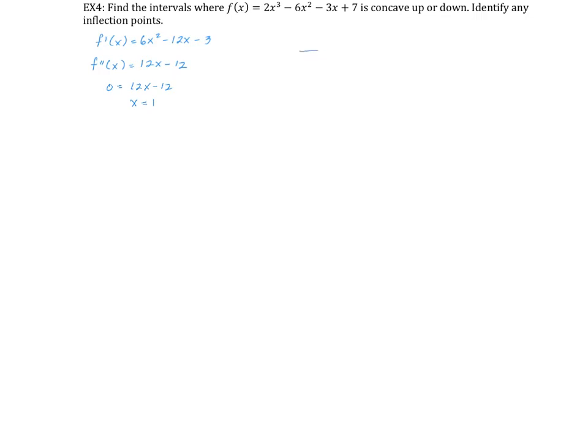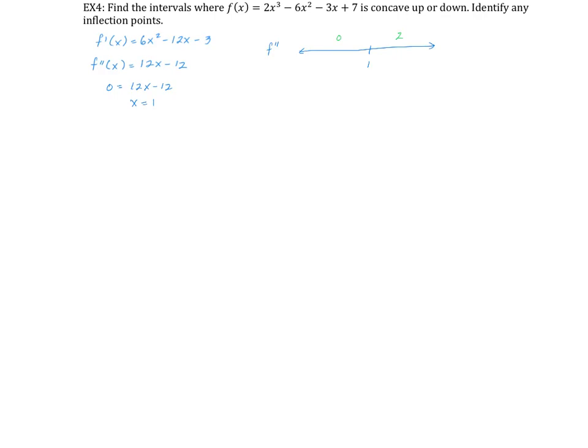That's going to break up my number line. And I just have one critical point here. So remember what we're doing is we're putting values into our second derivative to see if it's concave up or concave down. A good test point would be 0, and 2 would be another good point.